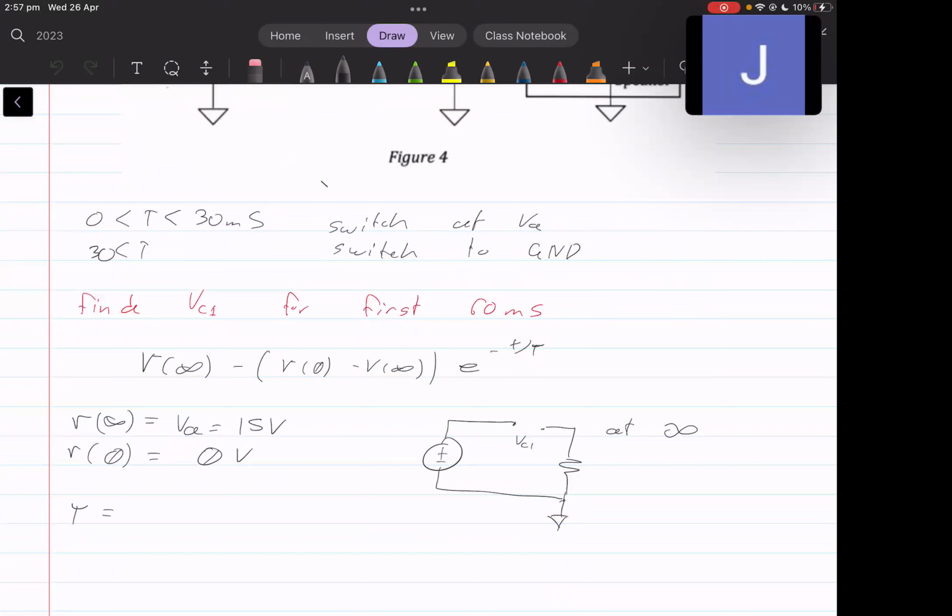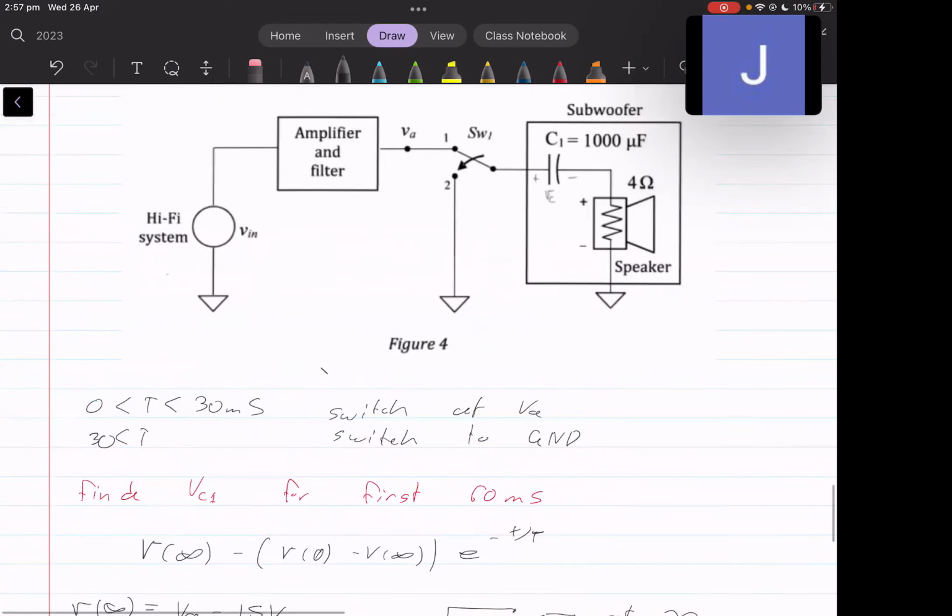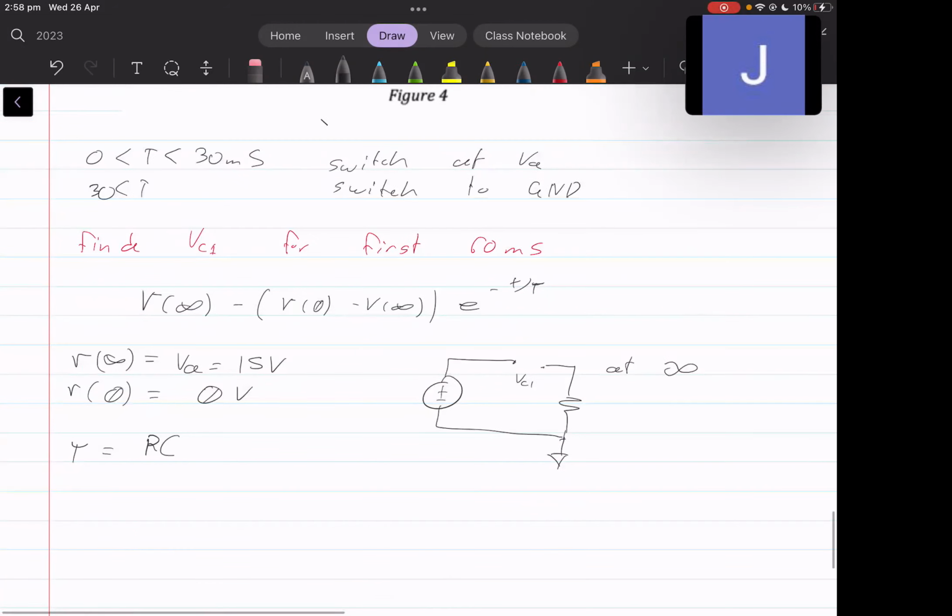So then tau is going to be RC. And we know we have 4 ohms, 1,000 microfarads, which is 1 millifarad. So that's going to be equal to 4 milliseconds.